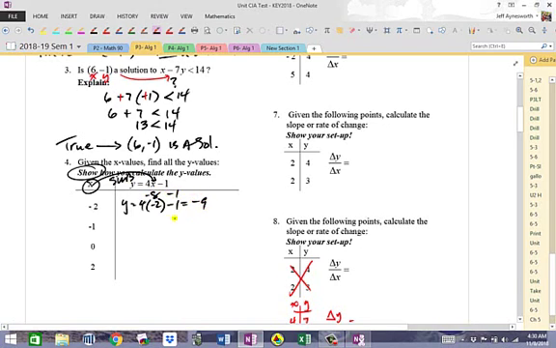That's -9. Second one, 4 times -1 minus 1. -4 minus 1 is -5. Third one, 4 times 0 minus 1. That's just 0. 0 minus 1 is -1. Fourth one, 4 times 2 minus 1 is 8 minus 1, or 7.